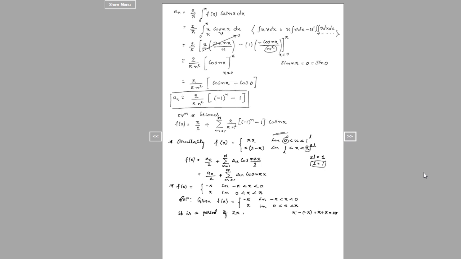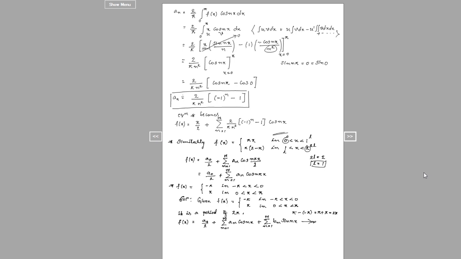So what is the Fourier series for such a period? F of x is defined as what? F of x is equal to a naught by 2 plus summation n equal to 1 to infinity an cos nx plus summation n equal to 1 to infinity bn sin nx.